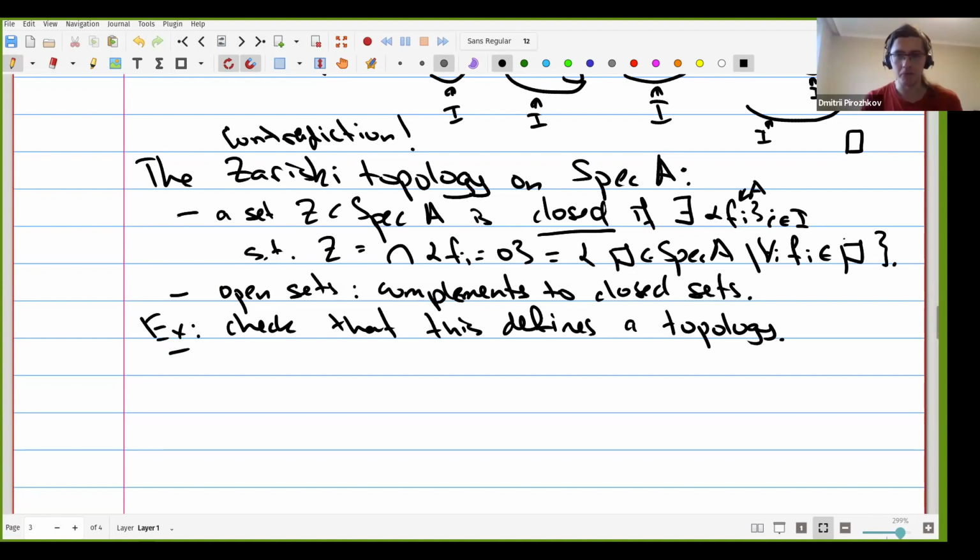The key question is that an intersection of an arbitrary family of closed sets should still be closed, which is kind of trivial, because if you look at this definition, if you take the equations for each closed set and take a union of the equations, you will get the intersection. But then we also need to show that the union of finitely many closed sets is always closed, and that's an exercise.